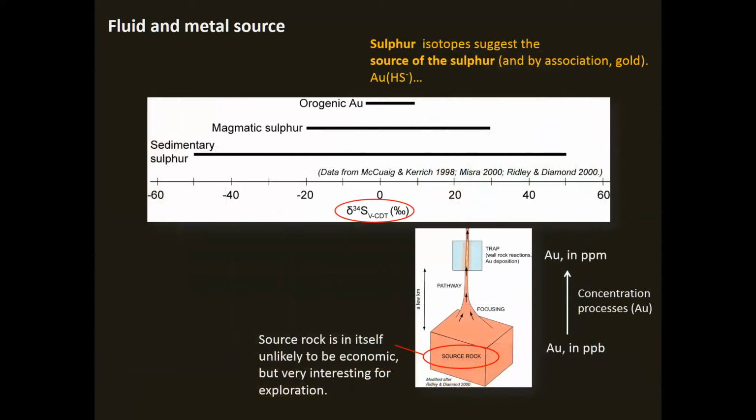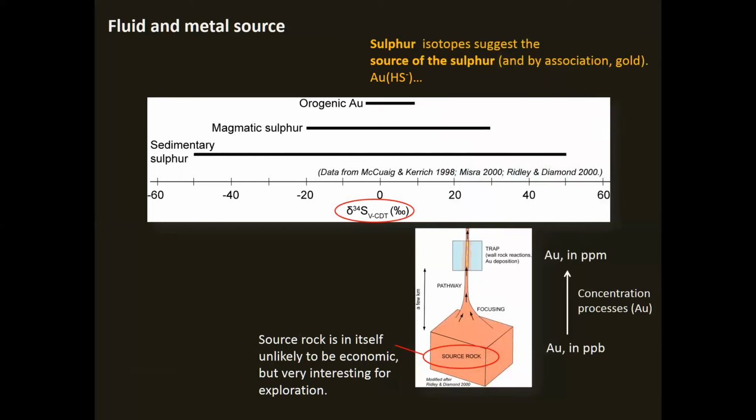So what we can see here is that sulfur isotopes will give us the source of the sulfur and, by association, gold. We typically associate gold with certain sulfide minerals such as arsenopyrite, and the sulfur in the arsenopyrite is believed to have carried the gold in a hydrosulfide complex in the fluid.